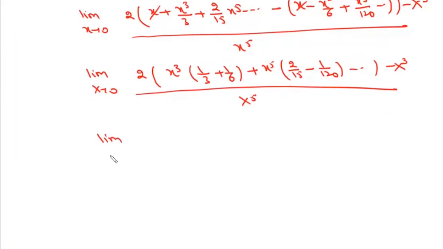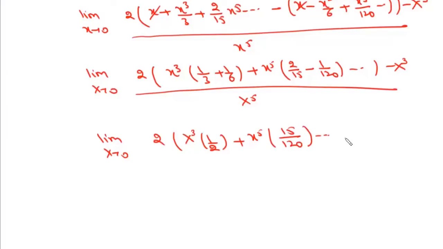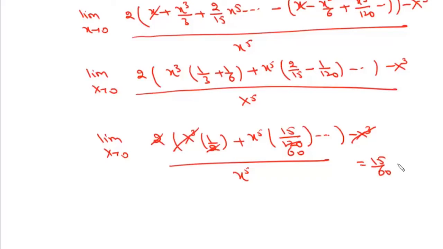Now this is limit x tends to 0 of 2 x cube times 1 by 2 plus x to the power 5 times 15 upon 120, and then minus x cube. Now we will take this 2 inside. Now this x cube will cancel. So the lowest power of x in the numerator and denominator is x to the power 5. So the answer to this limit is 15 by 60, which is 1 by 4.